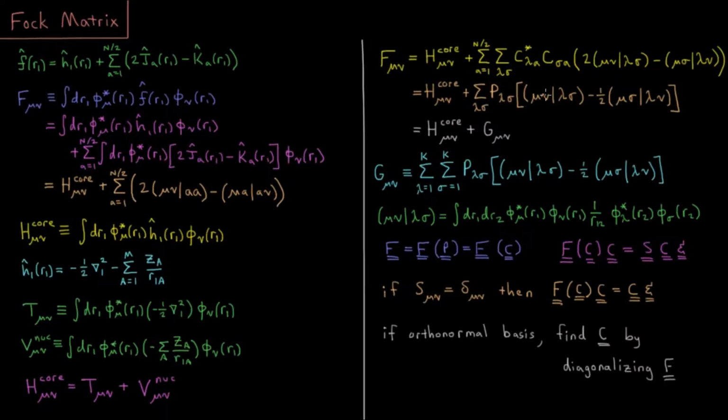Okay, so altogether, this set of the two-electron integrals times the density matrix elements, this is overall what we call the G matrix. So the G matrix is going to be a sum from lambda equals 1 to k for all of our k basis functions, sum sigma equals 1 to k, of all of the density matrix elements, p lambda sigma, times the two-electron integrals mu nu lambda sigma, minus 1/2 mu sigma lambda nu.